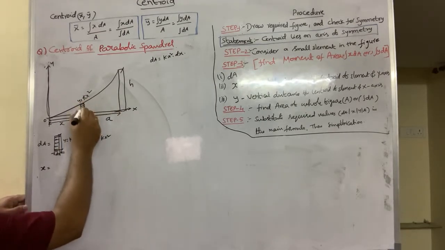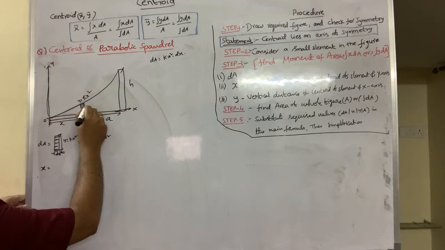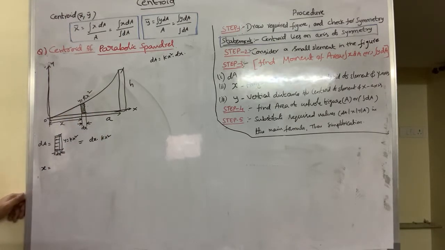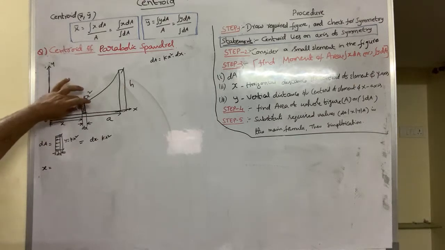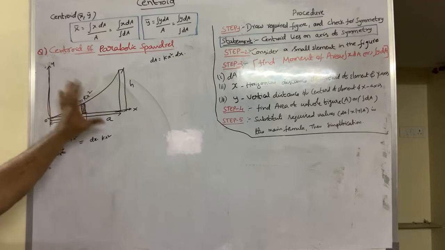So the centroid of this small strip is at dx by 2 comma kx² by 2. dx by 2 means half of the horizontal distance and kx² by 2 is half of the vertical distance.